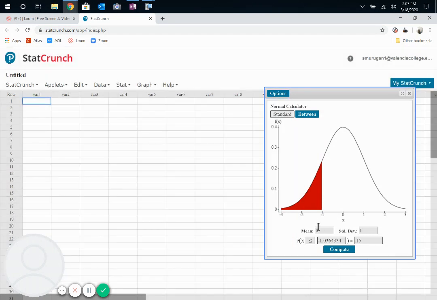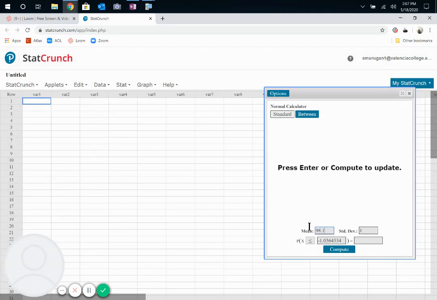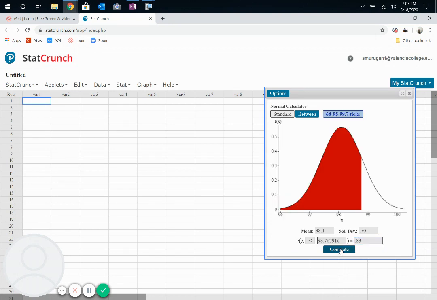So StatCrunch, the mean is 98.1, standard deviation is 0.70, and they're giving us 83rd percentile, so 0.83. And we see that the body temperature is around 98.76.